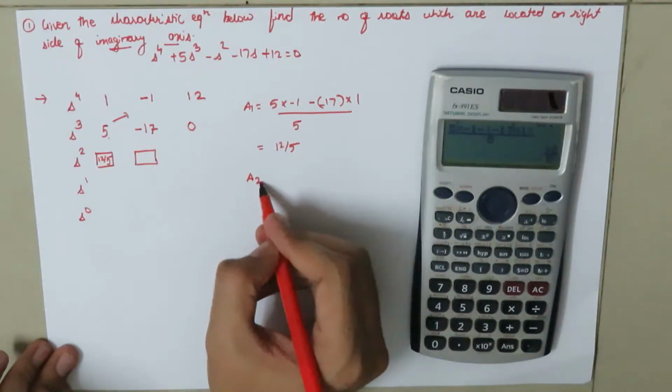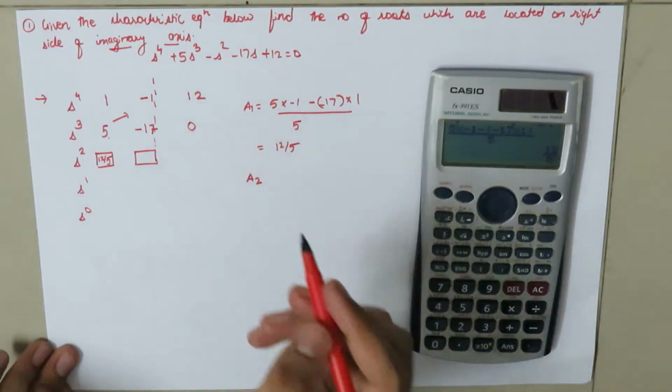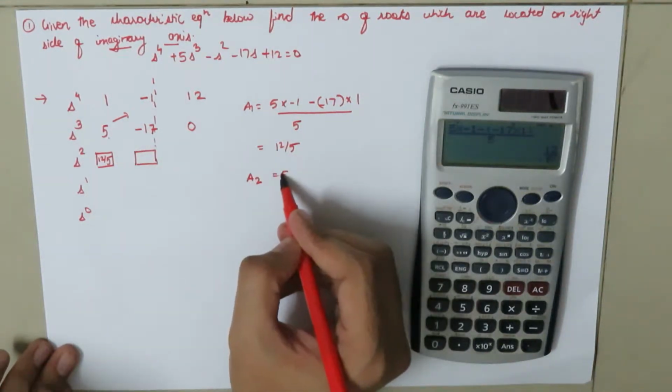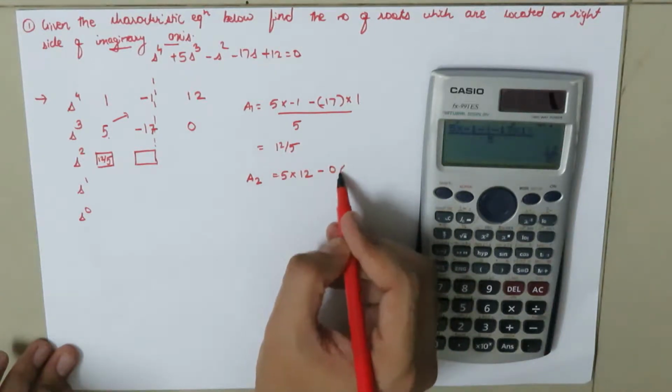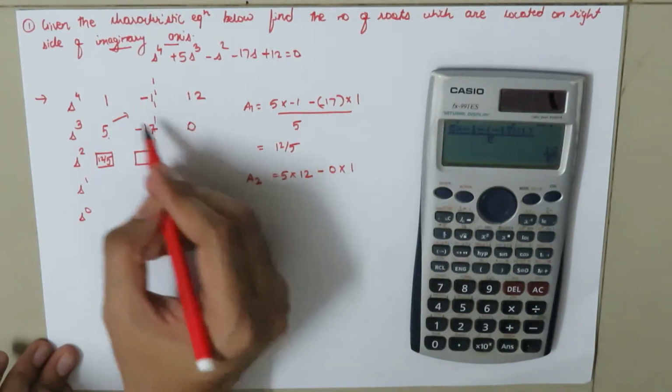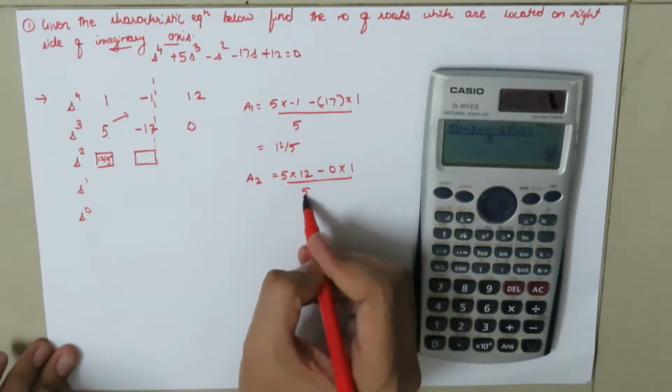Let's suppose this element is A2. For the time being we are going to delete this particular column, so this will be 5 multiplied by 12 minus 0 multiplied by 1, over the first element of this row, which is 5.